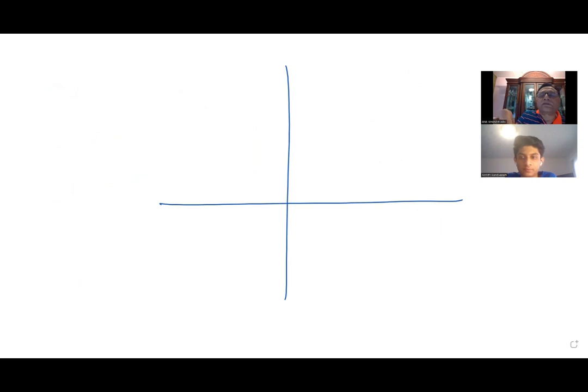Okay. Now let's talk about the coordinate system, and we'll take two vectors. We'll look into the algebra of vectors. Let us see. We have one vector here, and the other vector like this. These are my two. Let's give them some coordinate points.